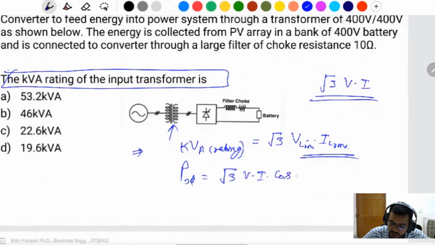If the power factor is not considered, then that power is kVA. This is the kilowatt, this is the kVA.